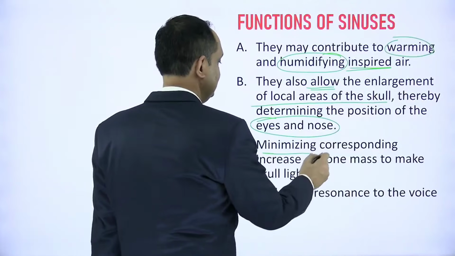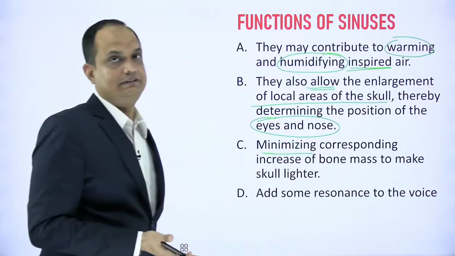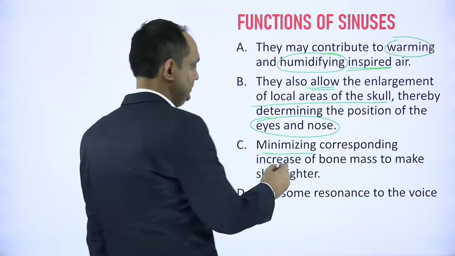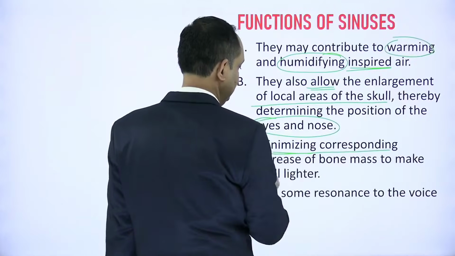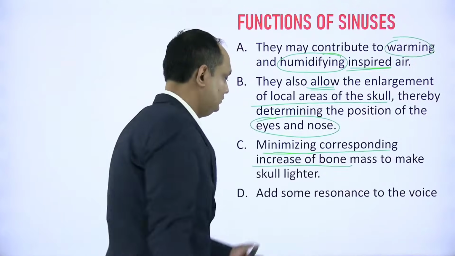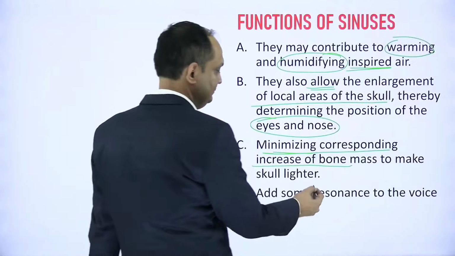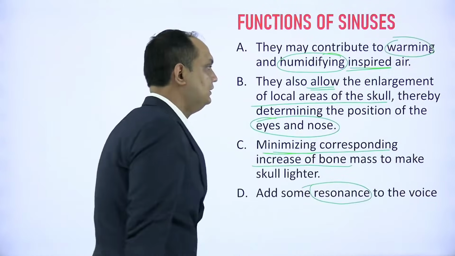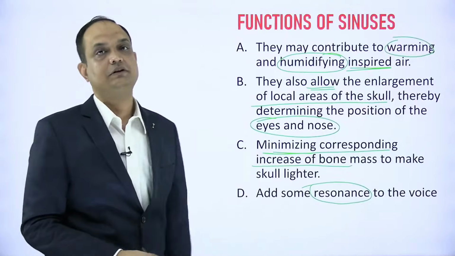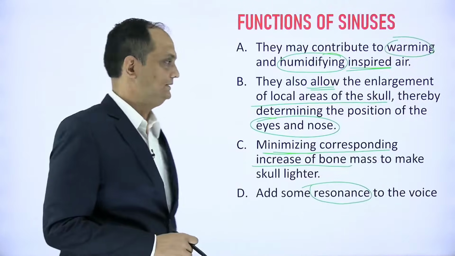Then they minimize the weight of your skull, by limiting the corresponding increase of bone mass. So they make the skull lighter, and they add some resonance to the voice. So these are the common functions of your paranasal sinuses.